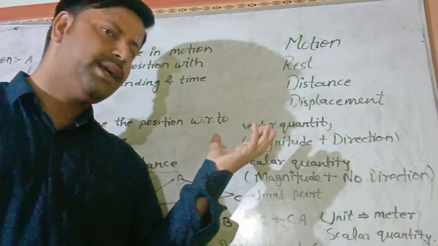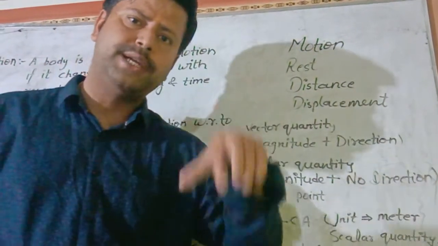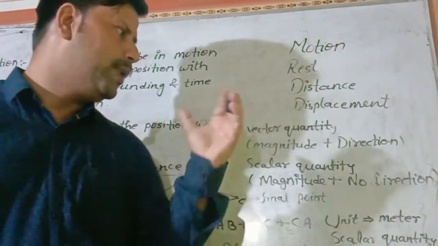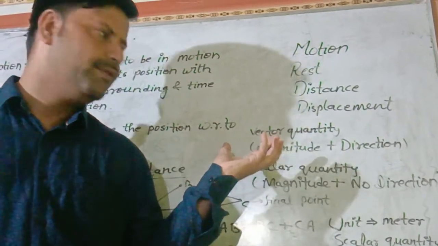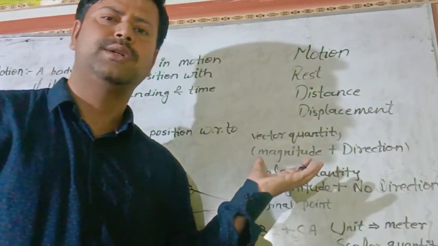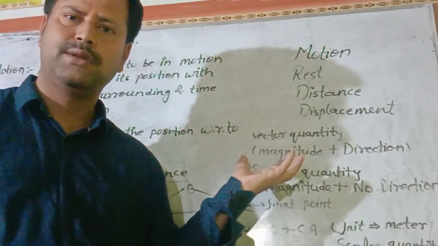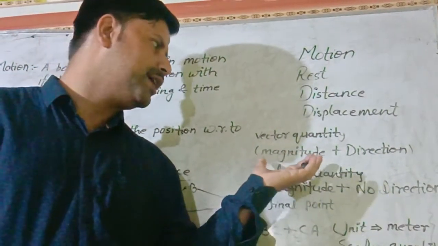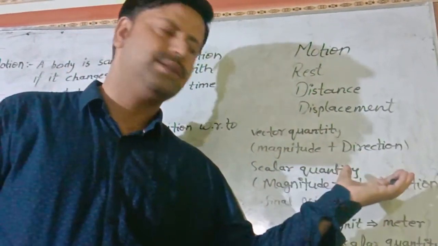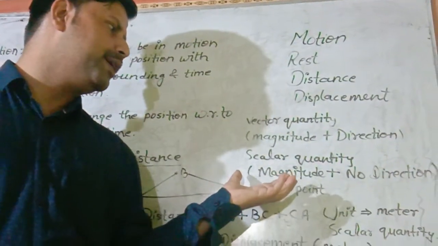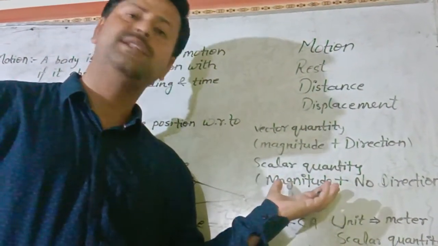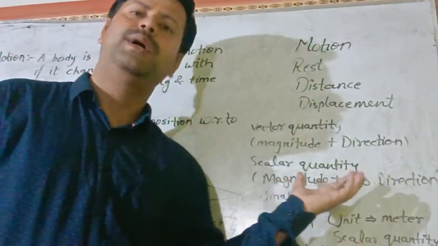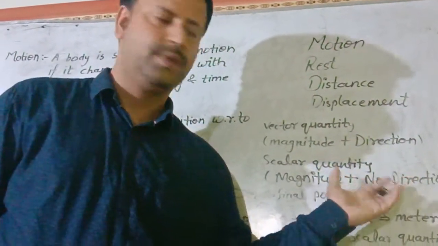The direction of weight is always towards the center of the earth, while in velocity we require different directions. So vector quantities are those which have both magnitude and direction, and scalar quantities are those physical quantities which have magnitude but no direction.